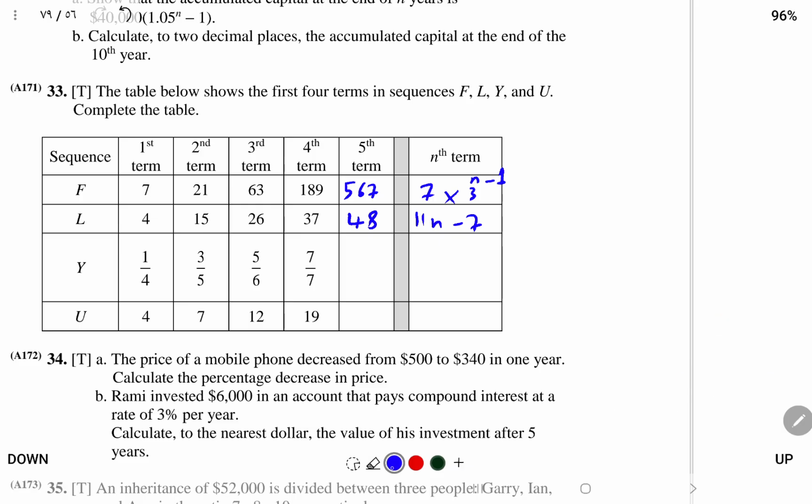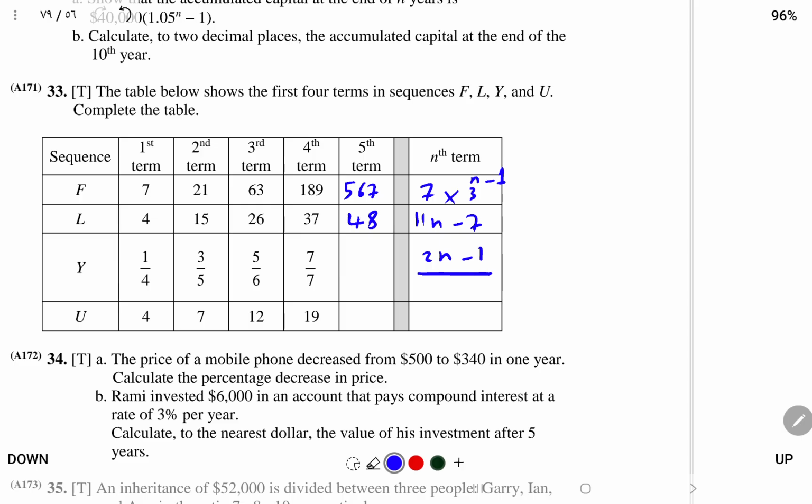For sequence y now, we have sequence y consists of fractions, and each fraction consists of a numerator and denominator. If you look at the numerator, you can find it 1, 3, 5, 7. This is an arithmetic sequence with common difference 2. So if you use the same logic, you can write the formula as 2n minus 1.